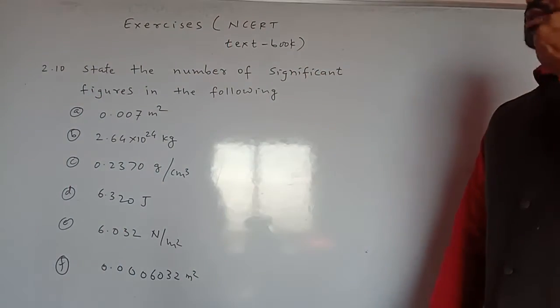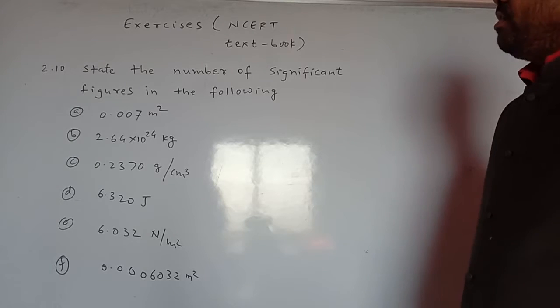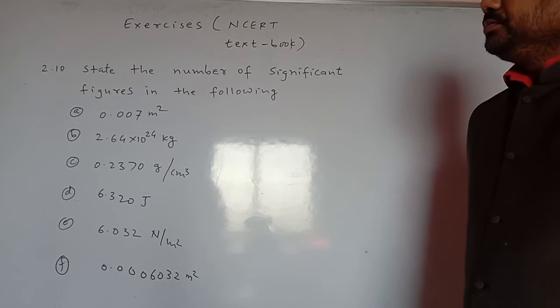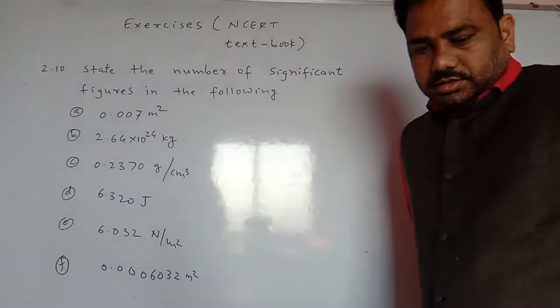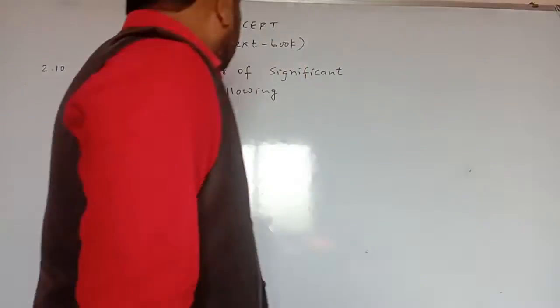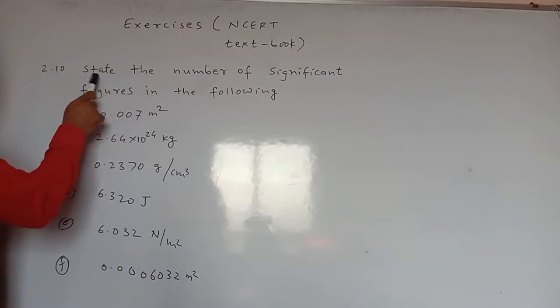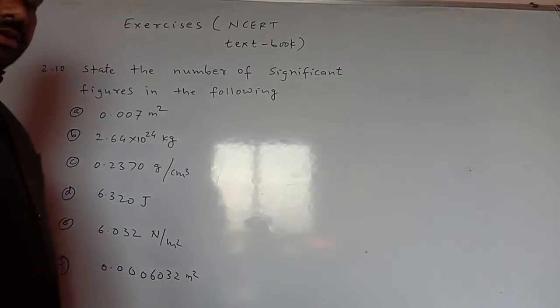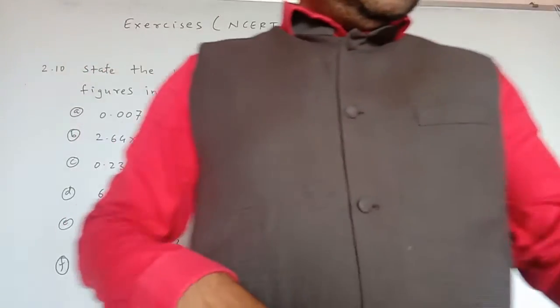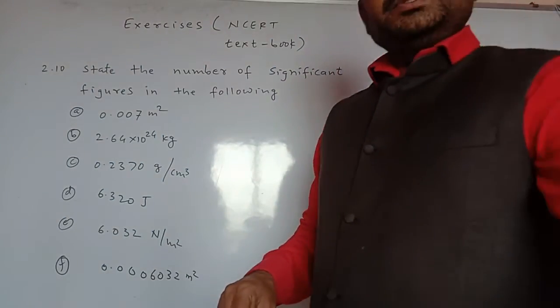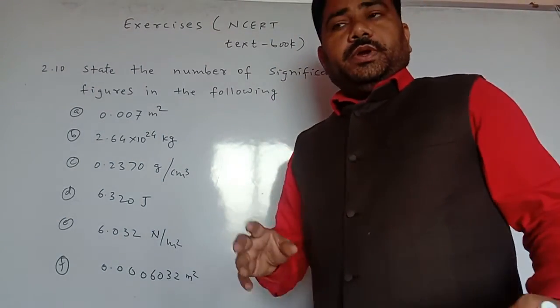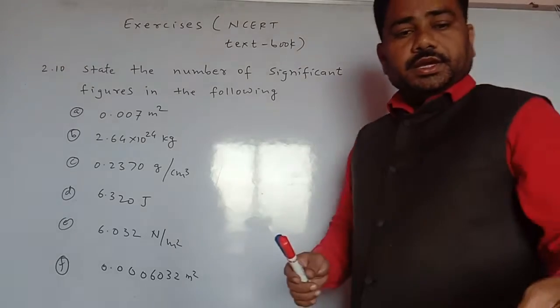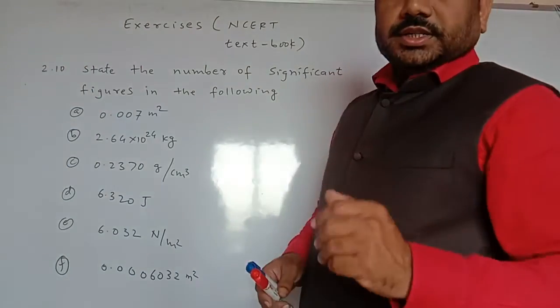Today we are going to discuss the exercise from the NCERT textbook. See here, this exercise number is 2.10: state the number of significant figures in the following. We have already discussed in our previous videos how we can find the significant figures by using 5 rules.